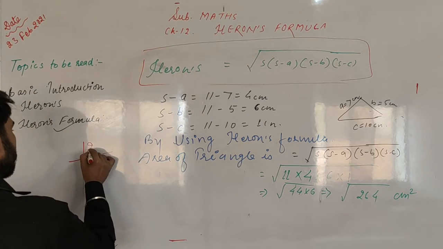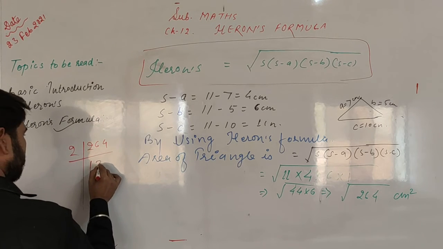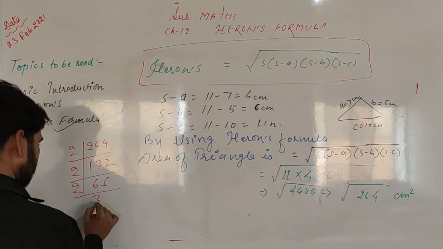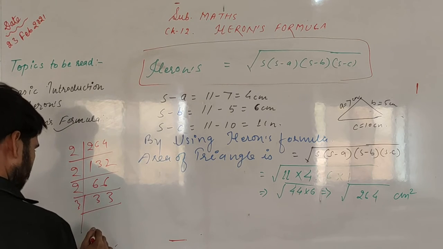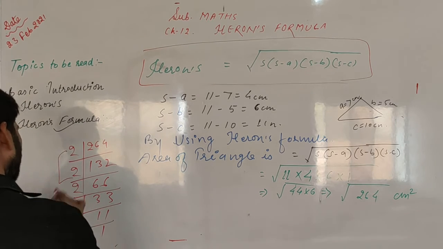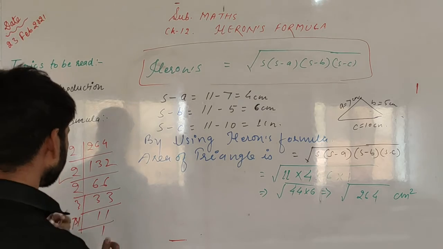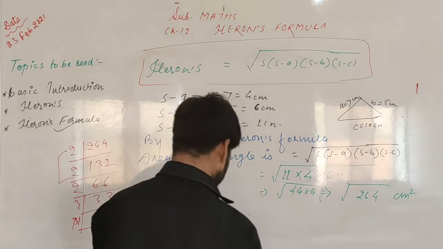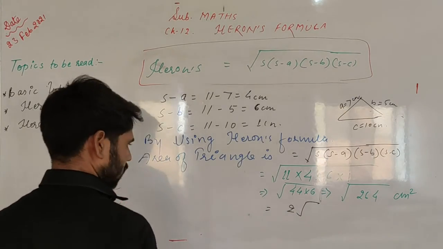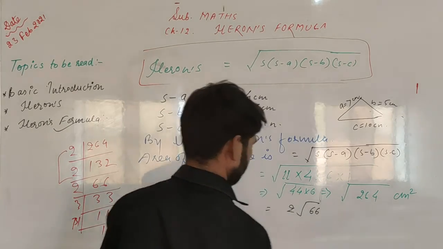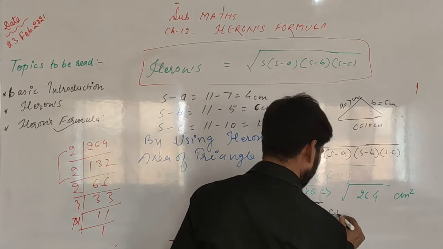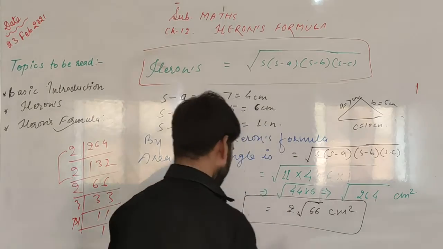Here only one pair is coming out, so we can write the rest as it is. Putting these out, we got 2 root 66 centimeter square. This is the area of the triangle.